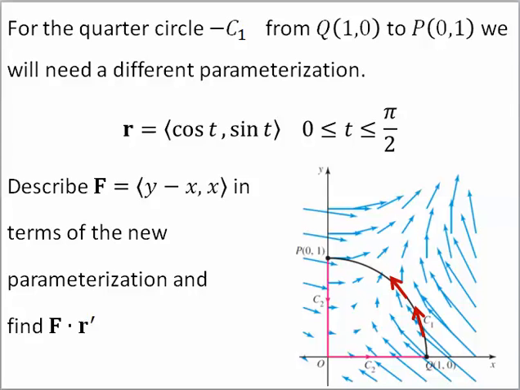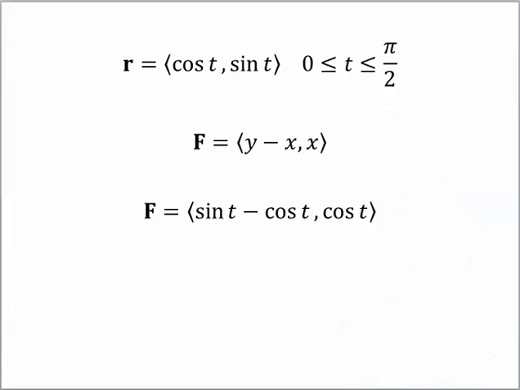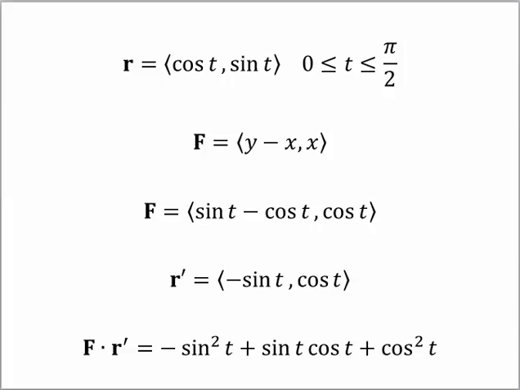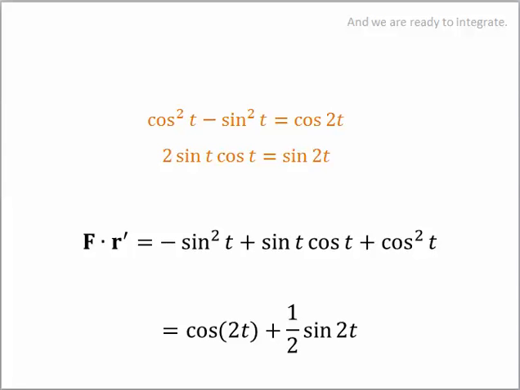And then we describe F in terms of the new parameterization, and then find F dot r prime. So F in terms of the new parameterization, and then r prime and F dot r prime. Again, we use identities to simplify the expression, and once we do that, we are ready to integrate.